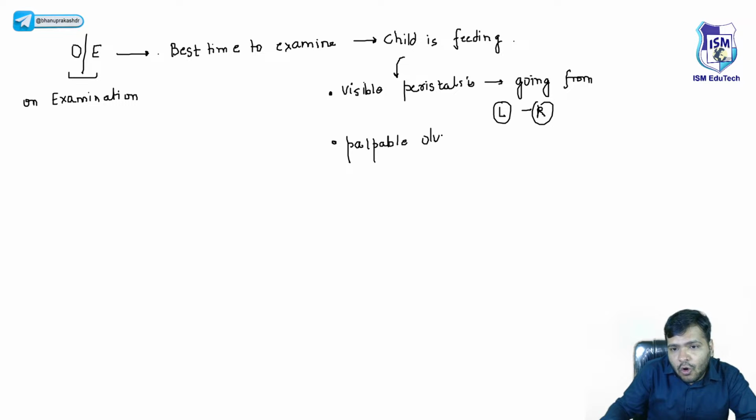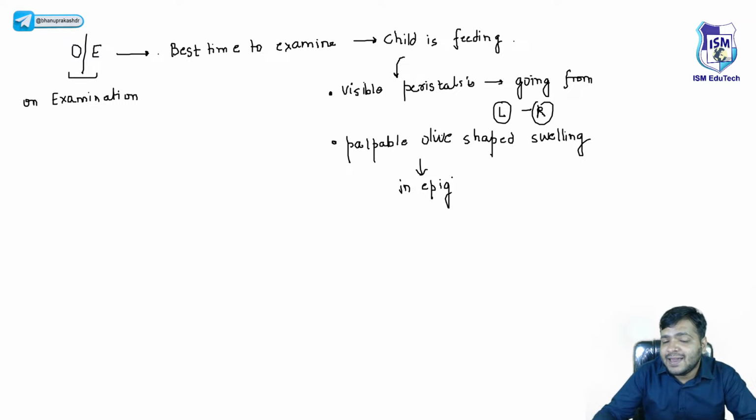Palpable olive shaped swelling. Now, palpable olive shaped swelling, it is seen in epigastrium. Okay, when you palpate the epigastric part, you will find the swelling over there, and that is epigastric swelling.